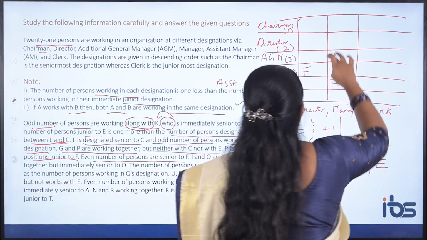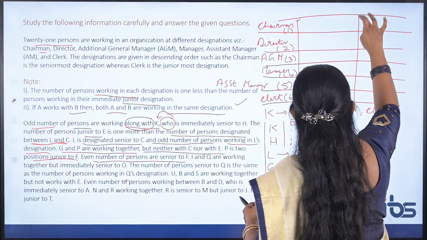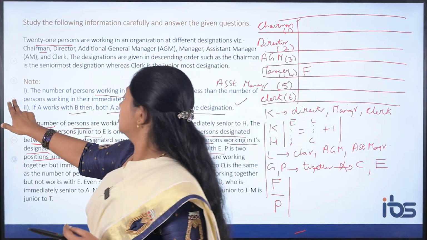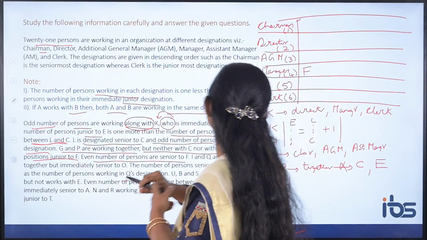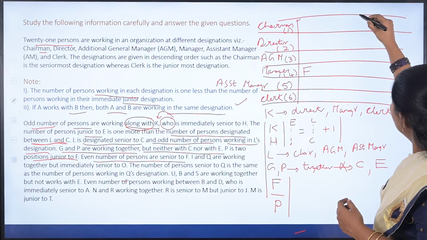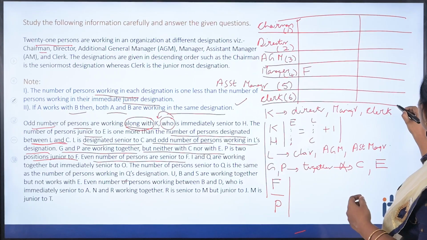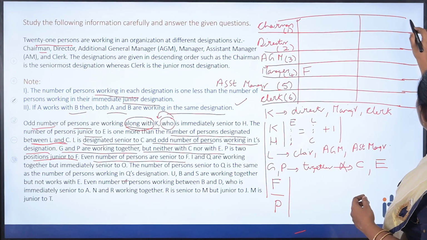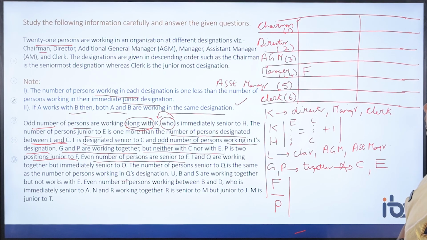So let me erase this line also. You need space. Since there is a lack of space, I am drawing it here. Possibilities are also more. So F can come there.